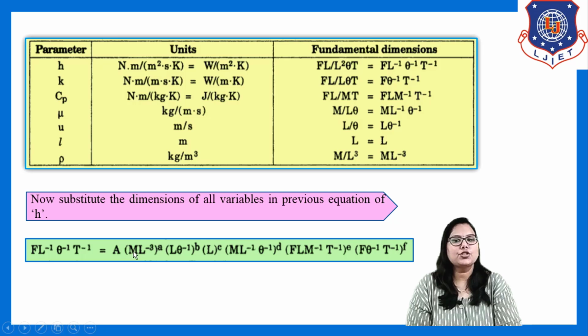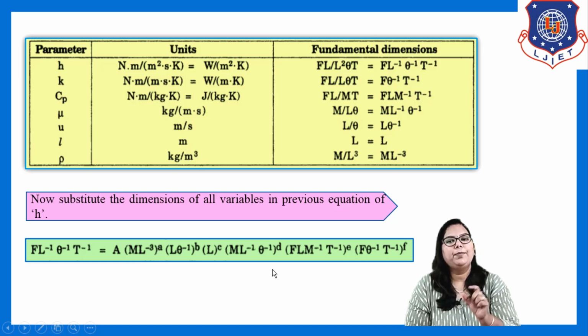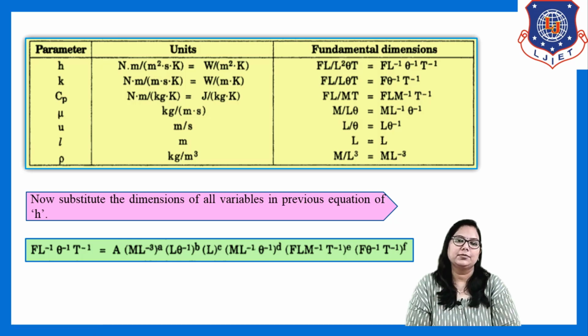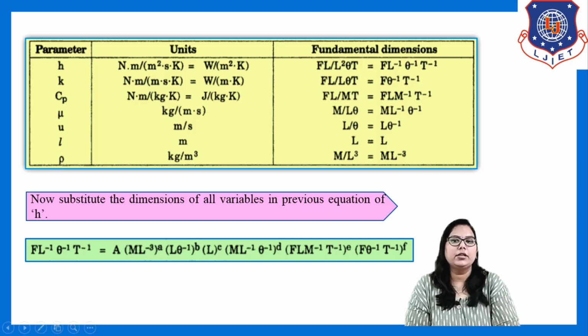Then rho raised to a. In place of rho, write the fundamental dimension of rho, which is M L to the minus 3, raised to a. So in place of the variable, I have written its fundamental dimension. Clear? Like this, you can write this whole equation, in place of each variable writing its fundamental dimension and giving power to that.